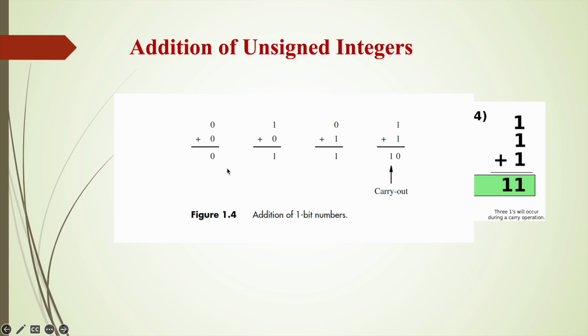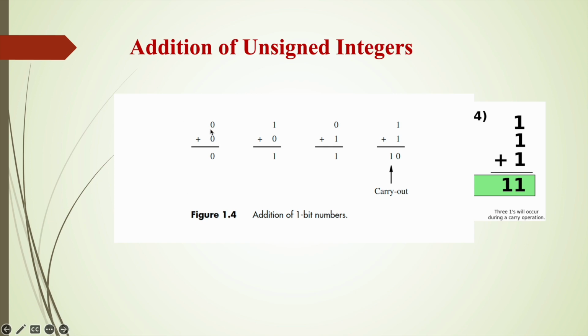For addition of numbers, just like in decimal, where we add the digits of the 1's position, 10's position, and 100's position individually, in a similar way we can also add the digits of a binary number in bit positions.